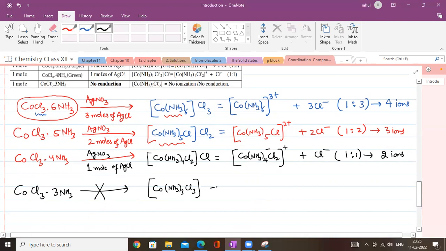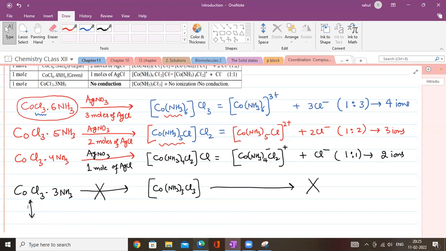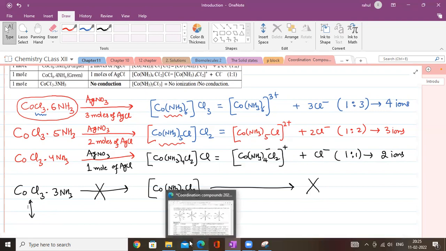All are inside, and so it is not conducting and not capable of giving the test. But there was another point. He prepared 2 compounds of this kind and gave the concept of isomerism. And that's why Werner theory was highly successful.